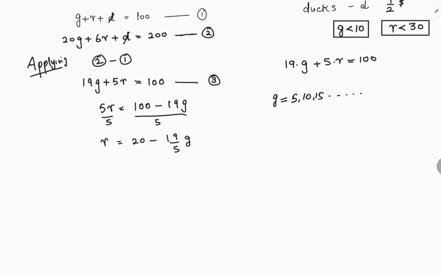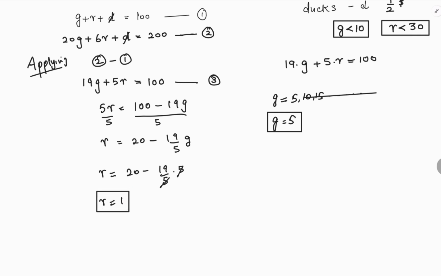But since we know that G is less than 10, G cannot be all these things. G can only be 5, right? Now we are done. If G is 5, there is no other option at all. If G is 5, that means 19 by 5 times 5, we cancel out. That means R is 1.